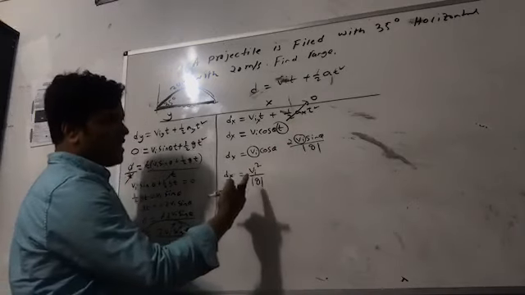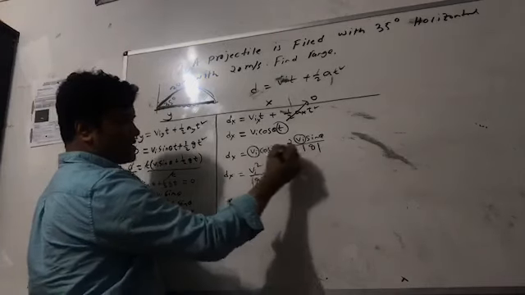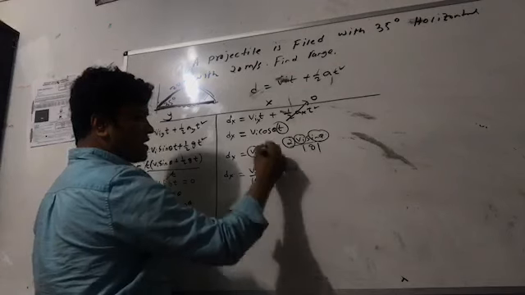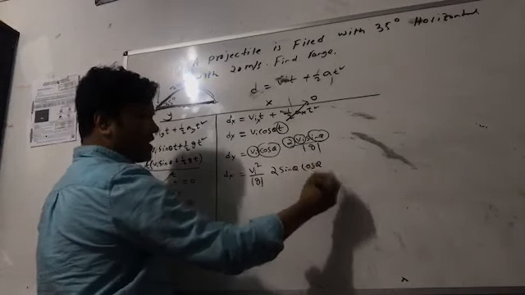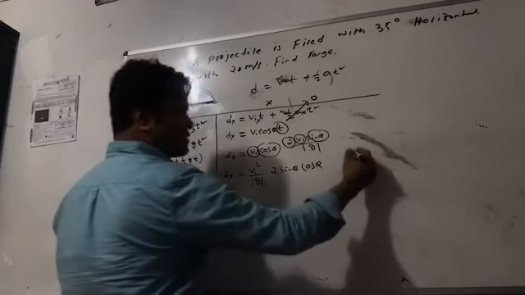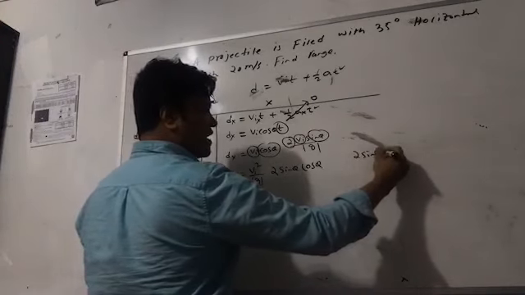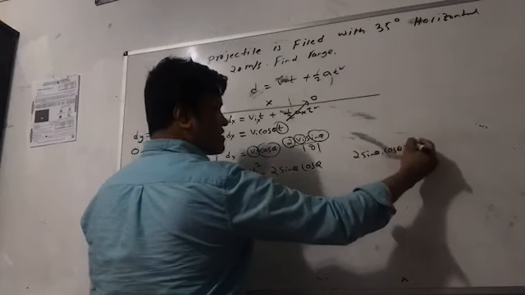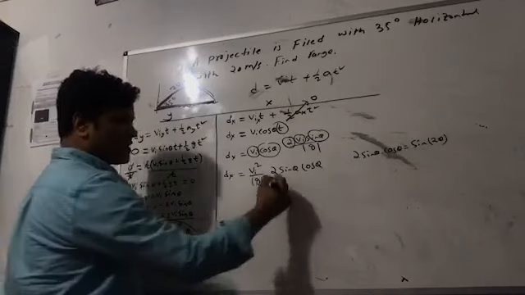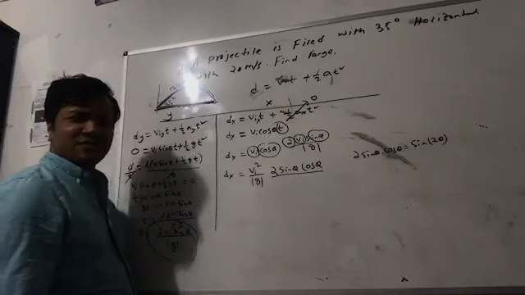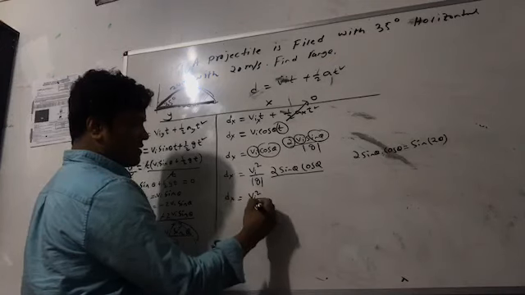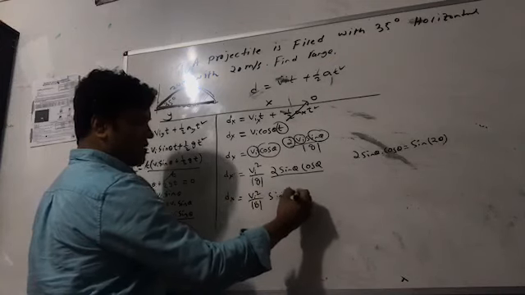Now we can put the 2, so you're going to write 2 sine theta cosine theta. And by definition, 2 sine theta cosine theta is sine 2 theta. So you're going to replace it by sine 2 theta. So dx is Vi squared over absolute value of g times sine 2 theta.